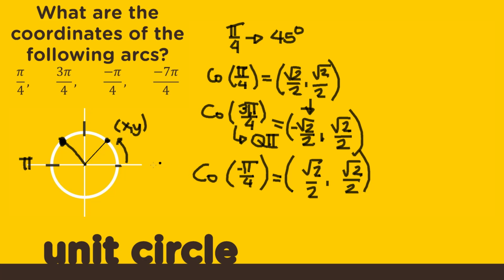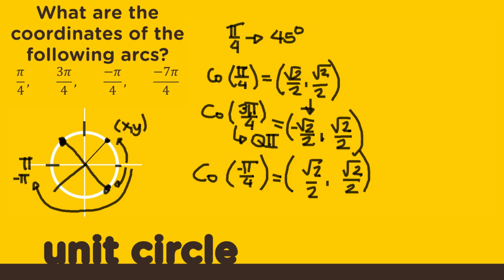Take note that the arc is negative, so instead of moving counterclockwise, we're going to move clockwise. And this is our negative pi. If we divide that into 4 parts, here's the division. So this is our negative pi over 4. Only one movement. So we have this as our terminal point for negative pi over 4.